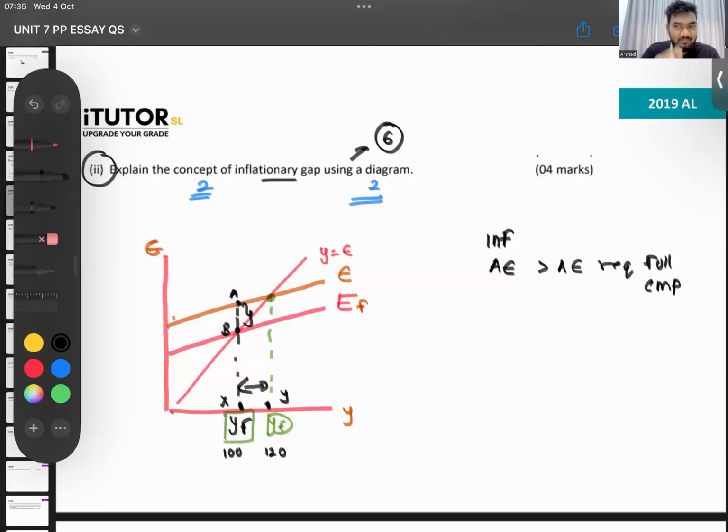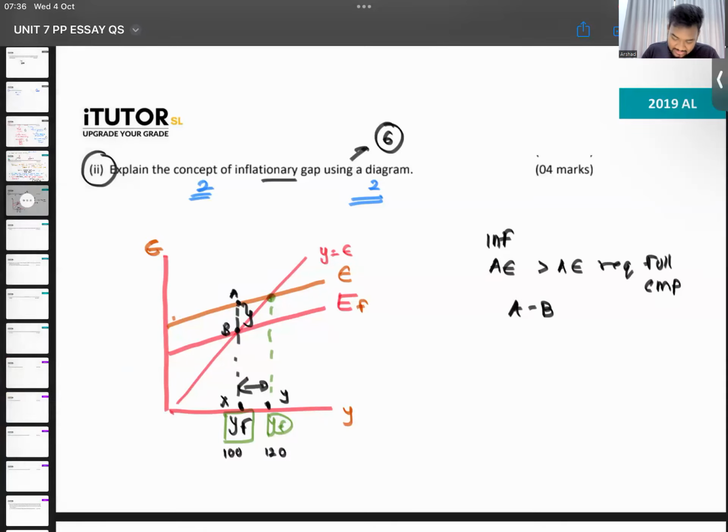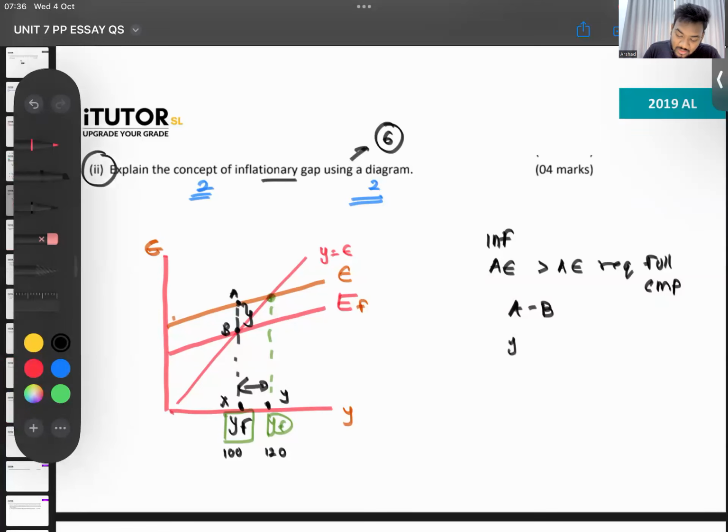So you draw the diagram and then you say, according to the diagram, the gap between A and B will denote the inflationary expenditure gap. Similarly, the gap between YF and YE will denote the inflationary output gap. Should be completely fine. You should get your 4 marks.